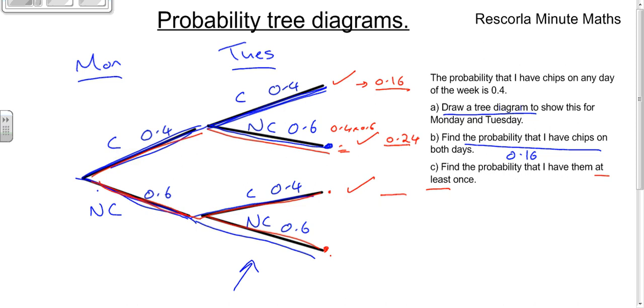This eventuality here, I used this one here, which is 0.6, and then this road here, which is 0.4. So 0.6 times 0.4, which is 0.24. Then you can add them together. So 0.16 plus 0.24 is 0.4, and then plus this one is 0.64. So that is the probability that I've had chips at least once.